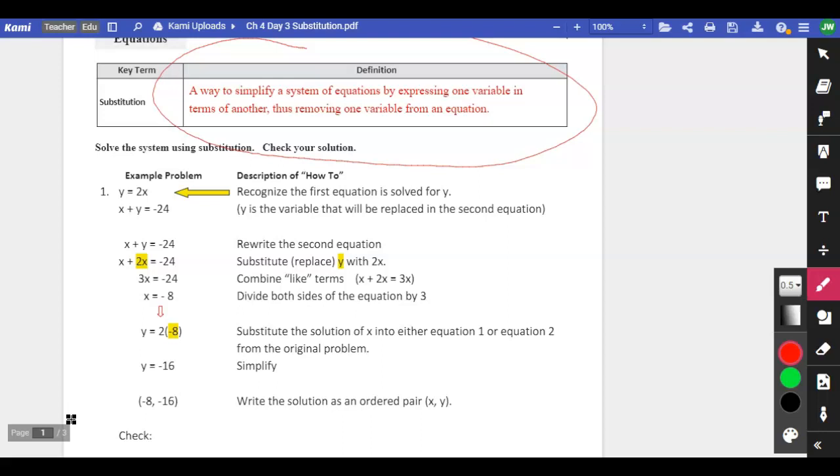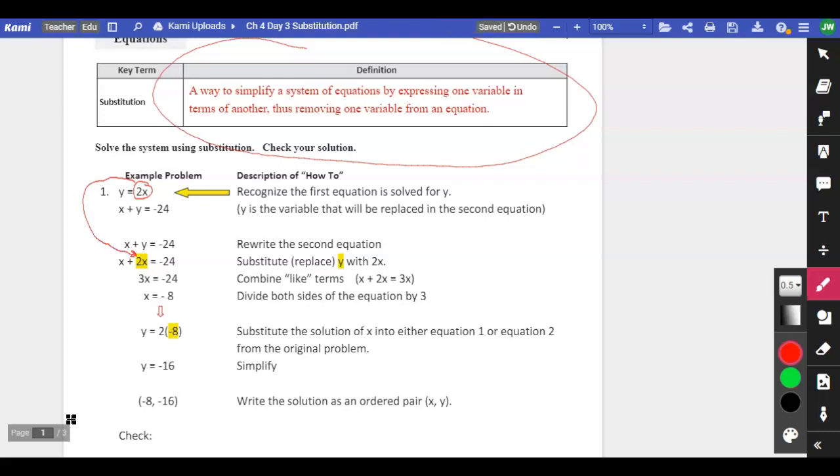And they've done some highlighting here, which I think helps. So what they did, they took this 2x and they replaced that in the second equation.